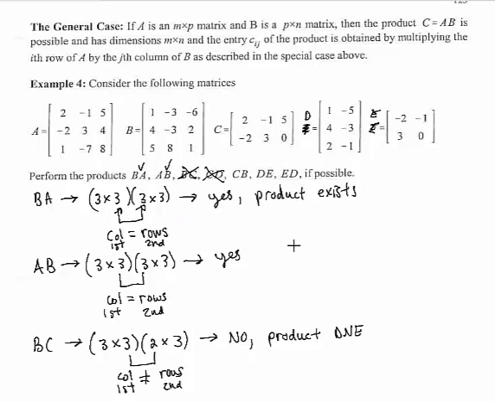So we'll reconsider C times D. If this fourth matrix is D, then what we have is a 2 by 3 for C times a 3 by 2, and these columns of the first equal the rows of the second, and so this one exists.